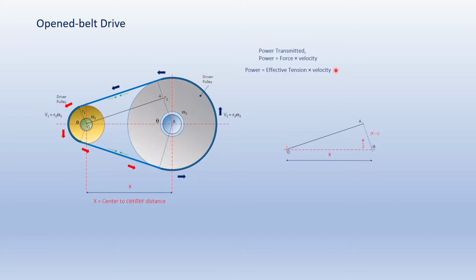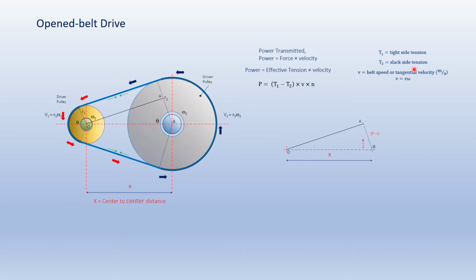The velocity here you can consider as the velocity of the belt, which is V1 or V2, equal to R1 omega 1 or R2 omega 2. So that is the power transmitted by the belt and pulley arrangement. That is T1 minus T2 multiplied by the belt velocity multiplied by the number of belts. N is the number of belts. So you have tight side, slack side, belt speed, and the number of belts.